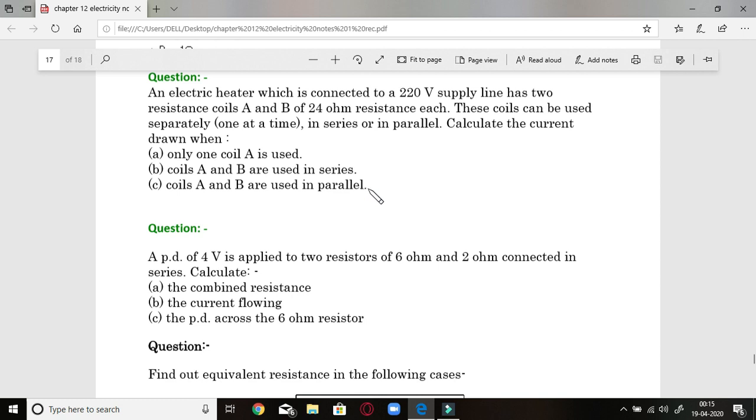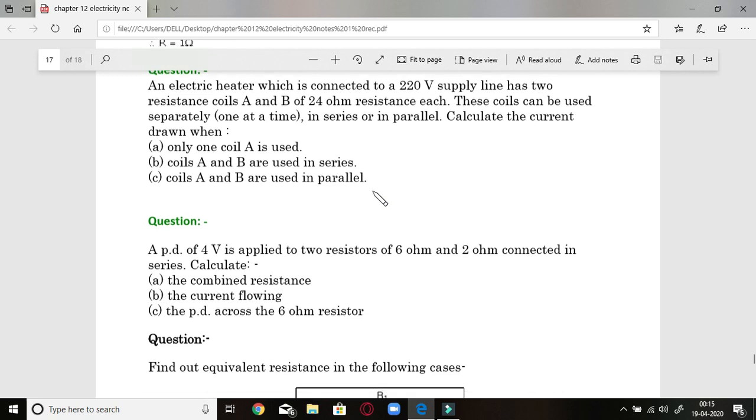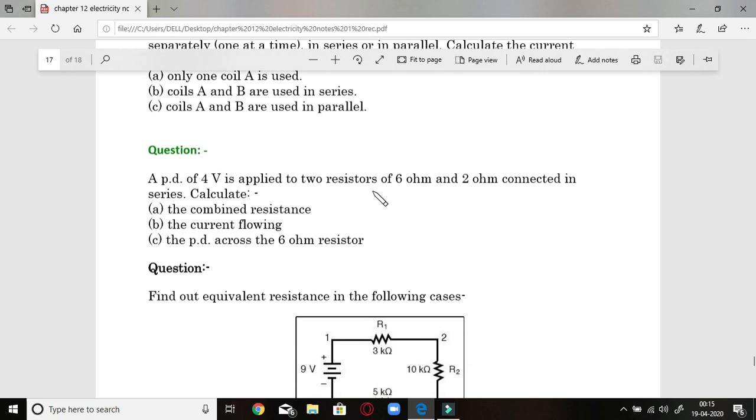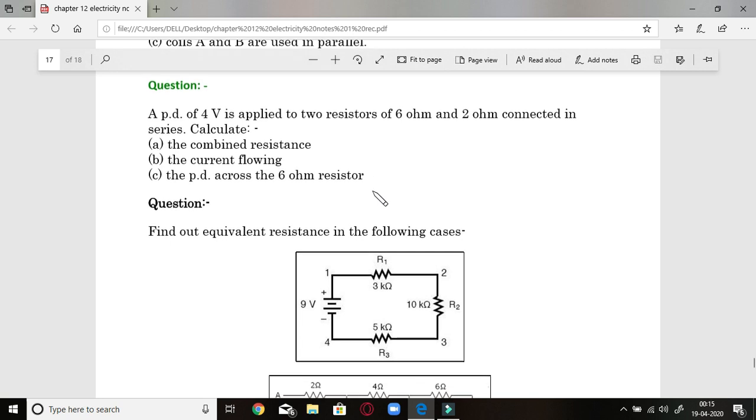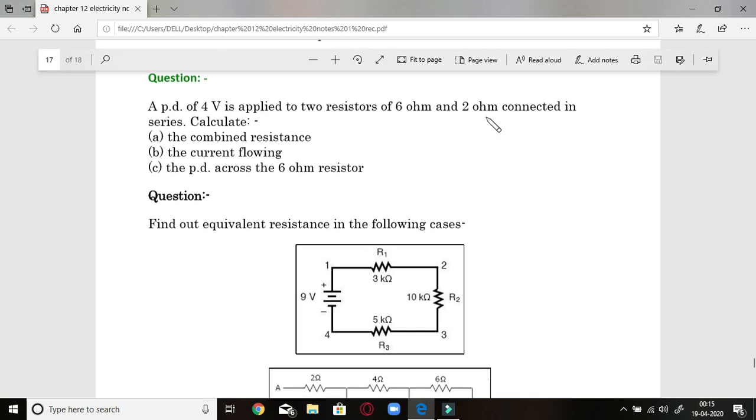In which case is resistance the maximum: when you use only one appliance, two in series, or two in parallel? Find it out yourself. Next question, a potential difference of 4 volt is applied to two resistors of 6 ohm and 2 ohm. Calculate the combined resistance. You can easily find out in series the current flowing and the potential difference across it.